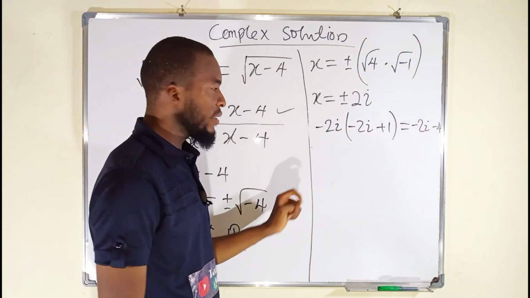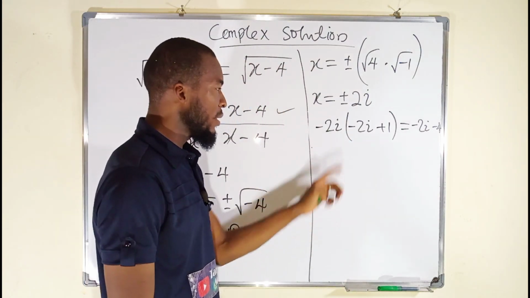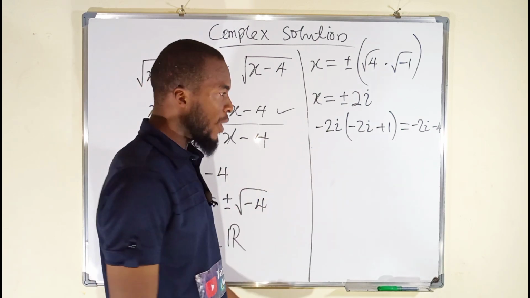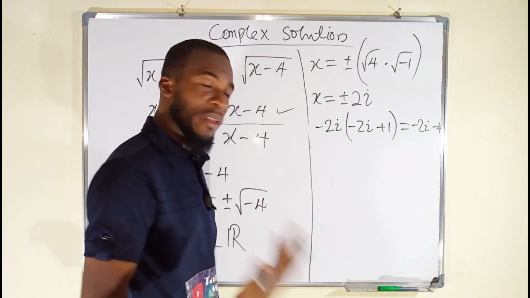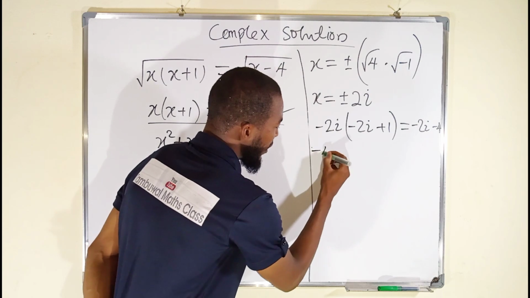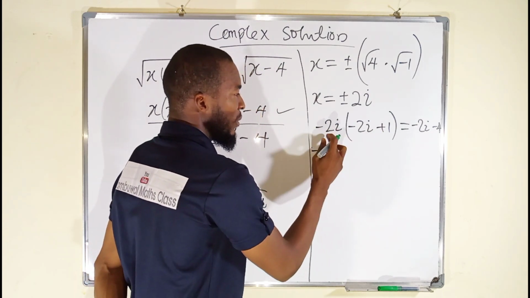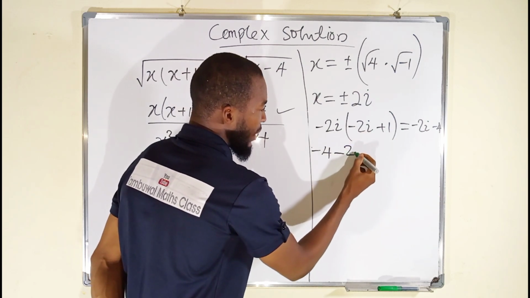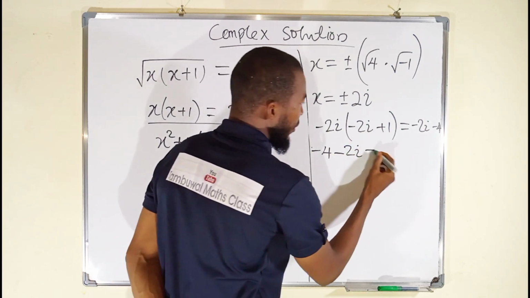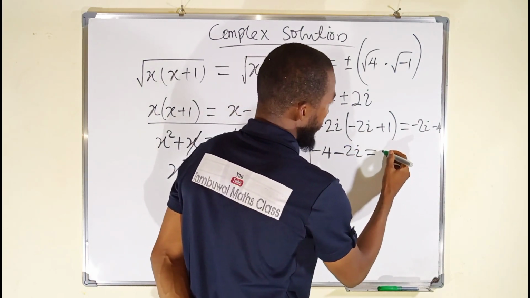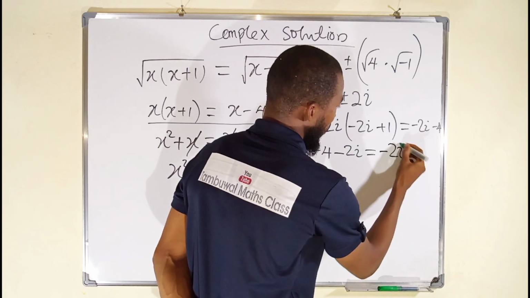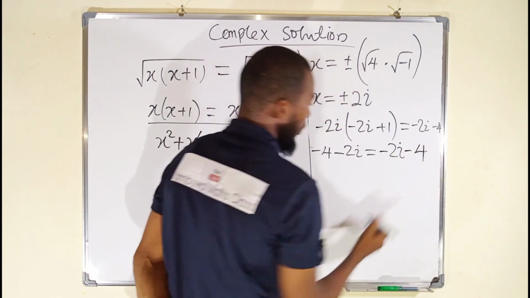Negative negative is positive, 2 times 2 is 4. i times i is negative 1, because i squared is negative 1, so we have negative 4 here. Negative positive is negative, 2i times 1 is 2i. And to the right we have minus 2i minus 4.